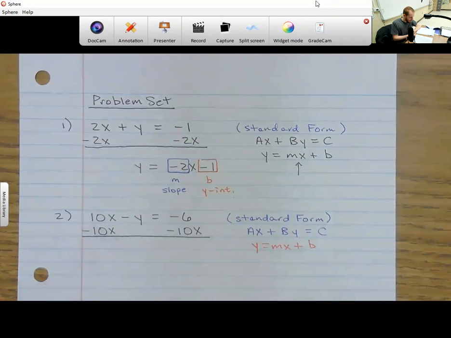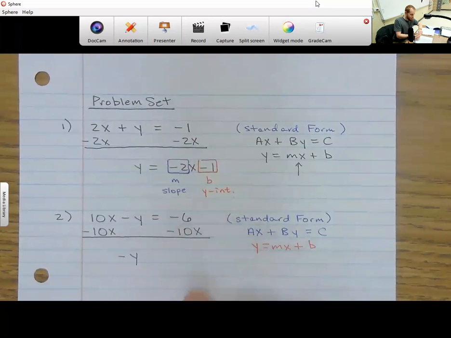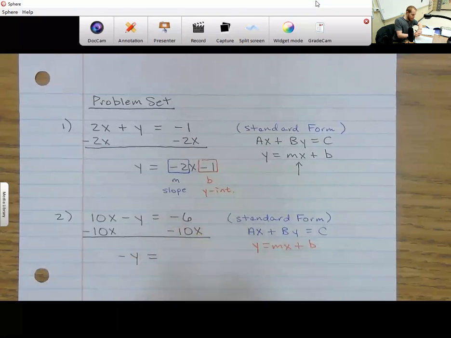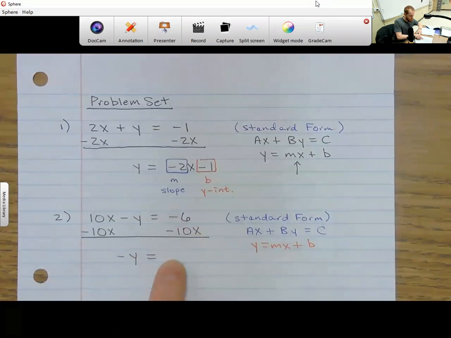And the only thing I really have left on the left side is going to be the negative sign and the y. So the negative y is going to come down. And the equal sign, of course. Now, like I said before, I always keep the x term first.